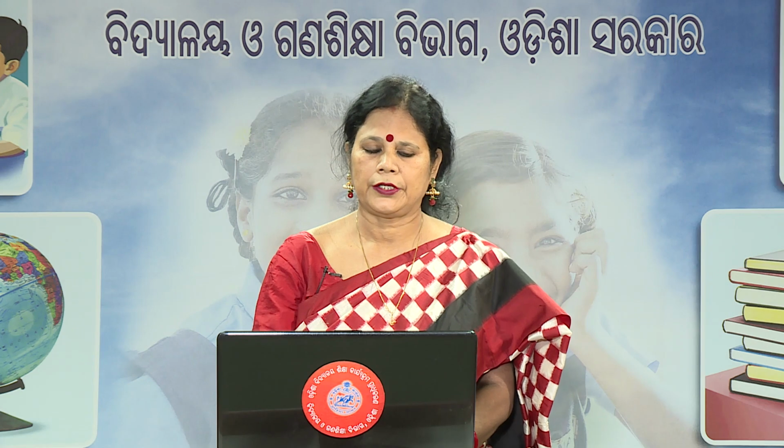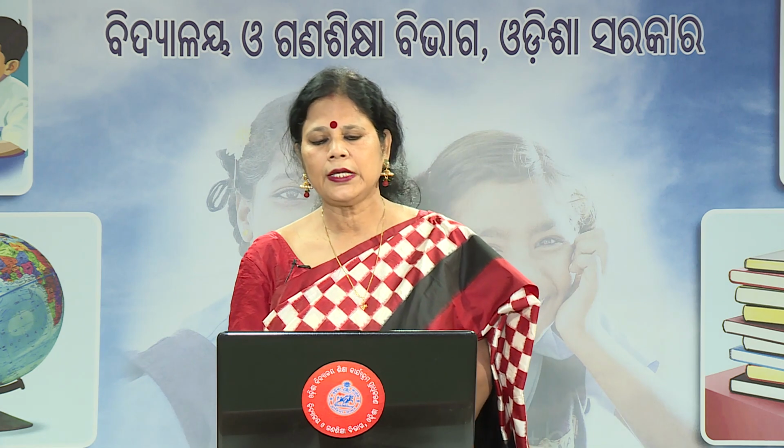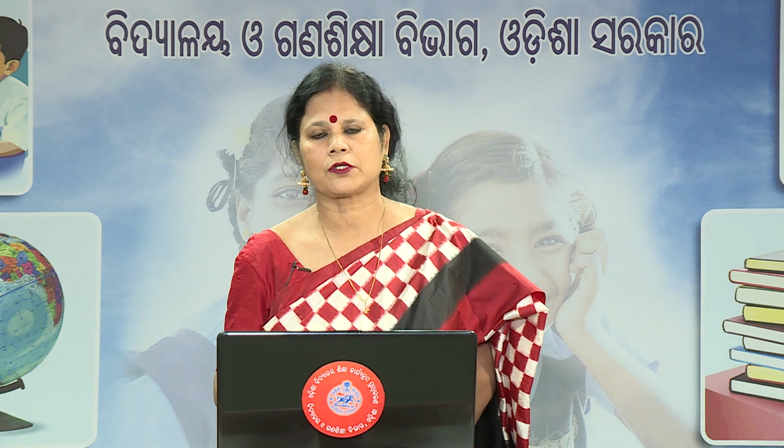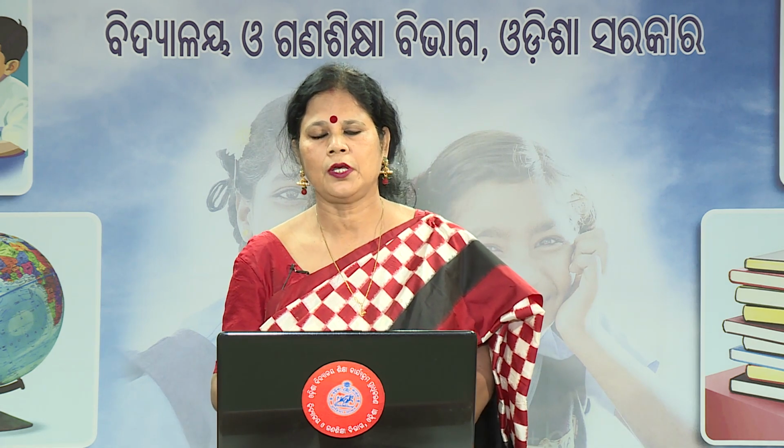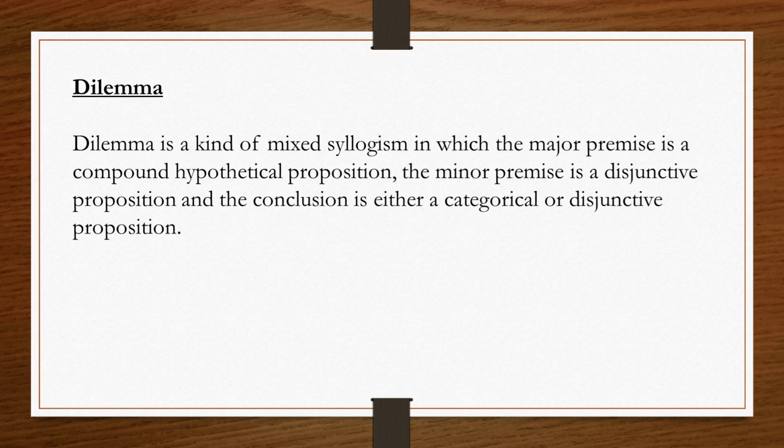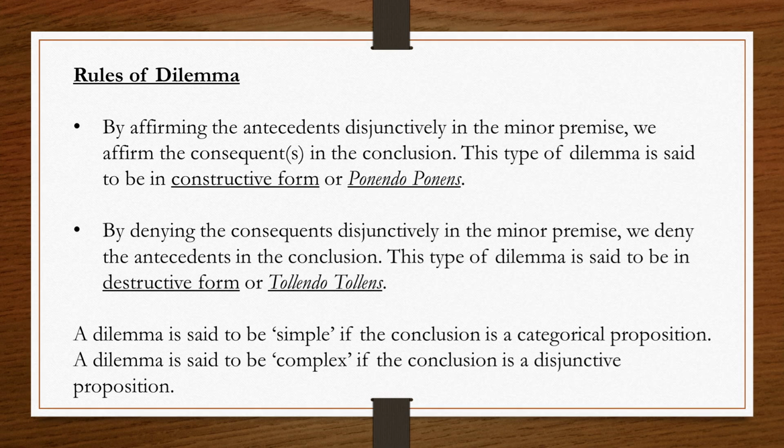Now in the dilemma, the major premise is a compound hypothetical proposition, the minor premise is a disjunctive proposition, and the conclusion is either a categorical or a disjunctive proposition. The rules of dilemma are the same as the rules of the hypothetical categorical syllogism, because dilemma is not an independent argument.